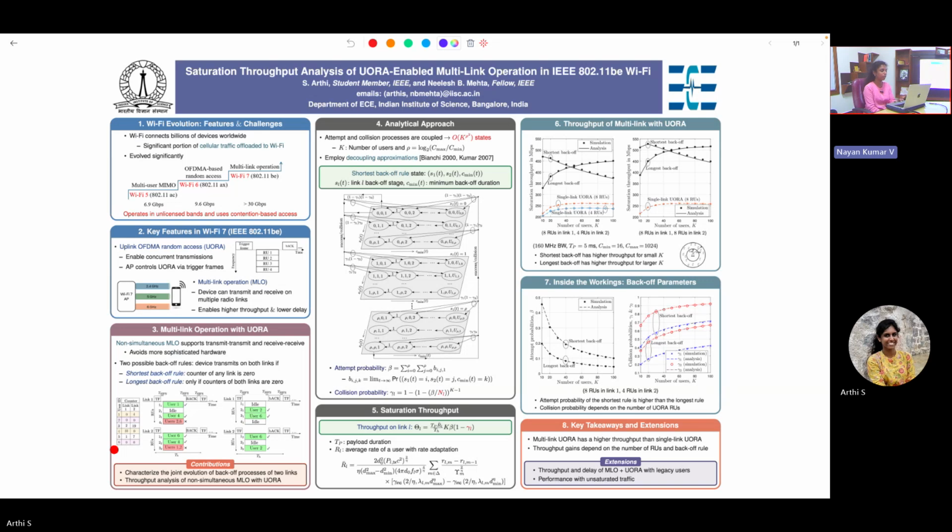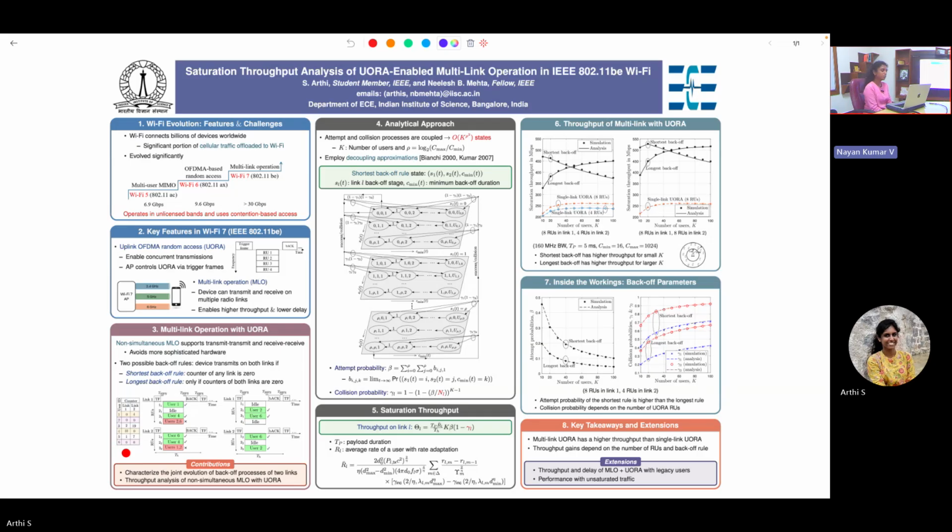In the shortest backoff rule, a device transmits on both links simultaneously even if one of the links' counters reaches 0. However, in the longest backoff rule, a device transmits only if both the links' counters reach 0. We show a two-links example in this figure, and there are 6 users transmitting on 2 links.